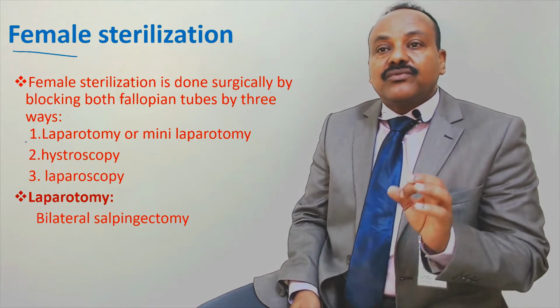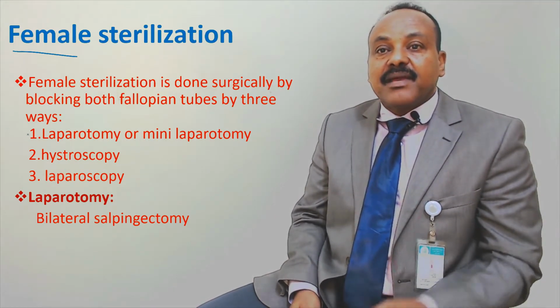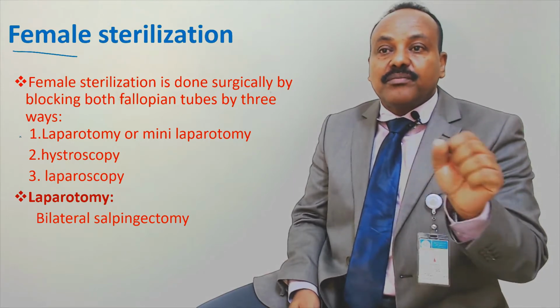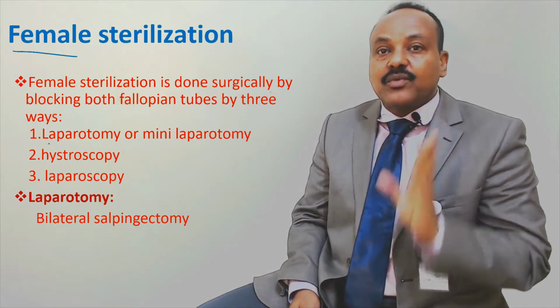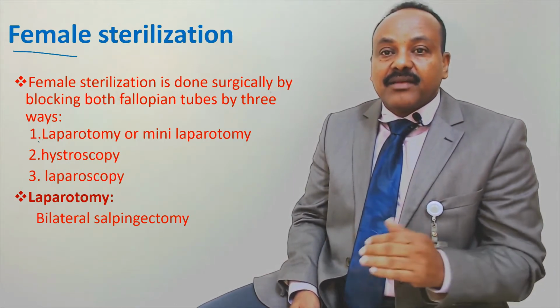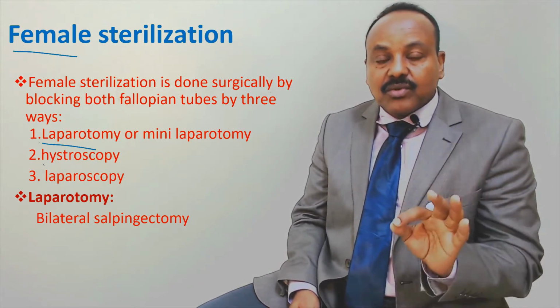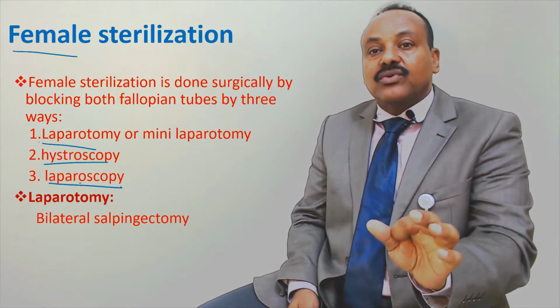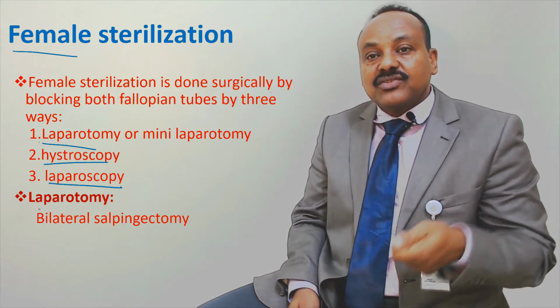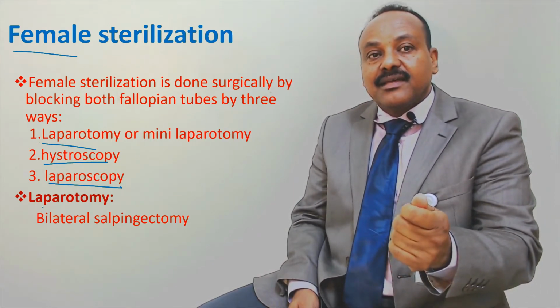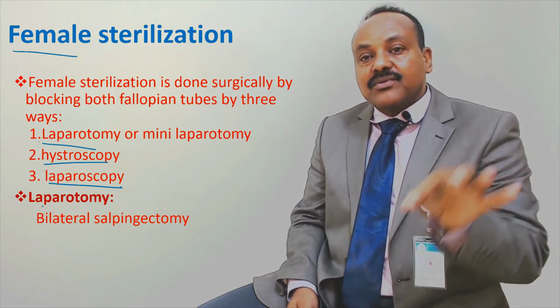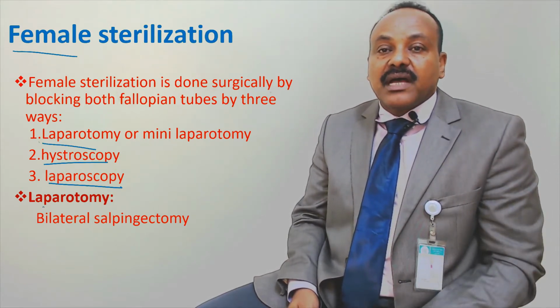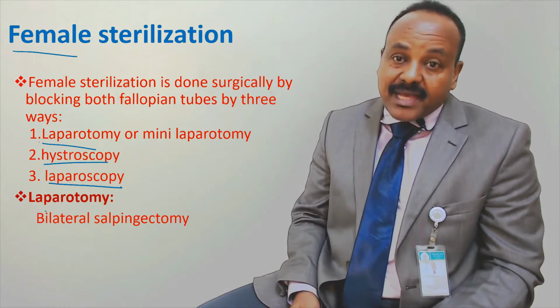It is done surgically by blocking the fallopian tubes in three ways: either by laparotomy, a small opening in the abdomen to reach and close the fallopian tube, or by hysteroscopy through the vagina, or by laparoscopy.